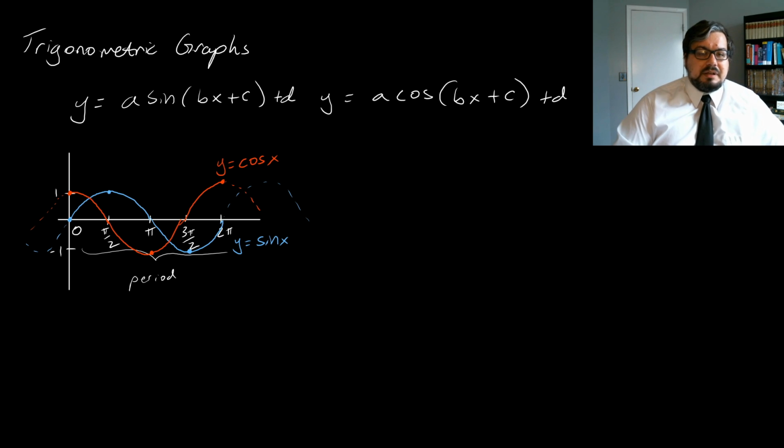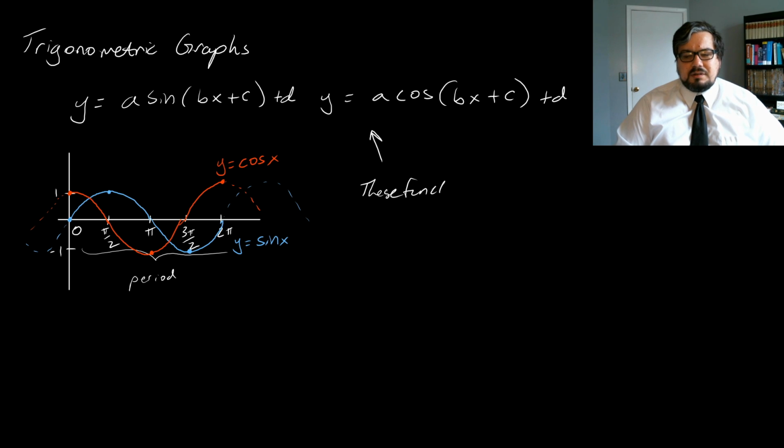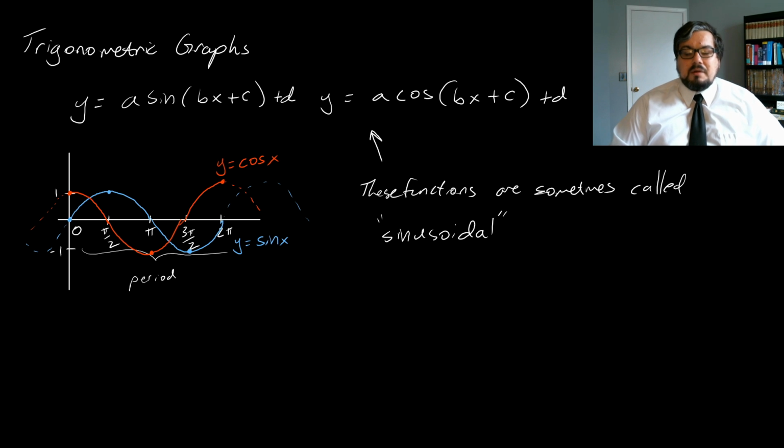So first, I want to note that these functions are sometimes called sinusoidal, meaning that they behave like sine. They go up and down in a cyclical, rhythmic pattern like this. So we're really studying the graphs of sinusoidal functions here.